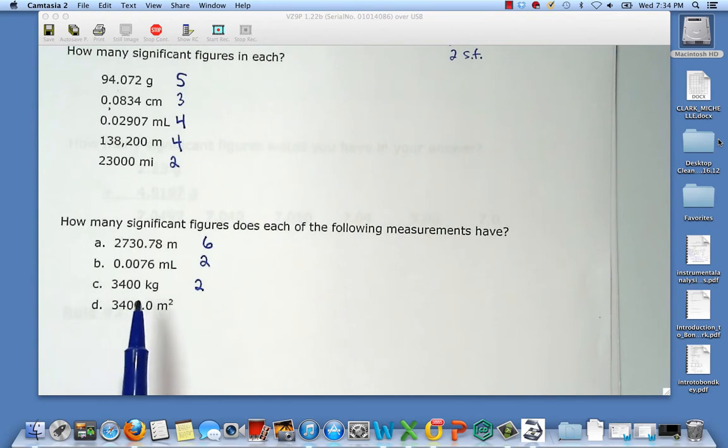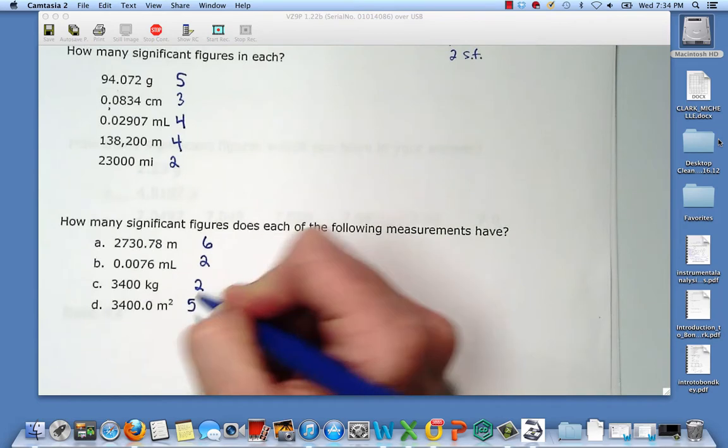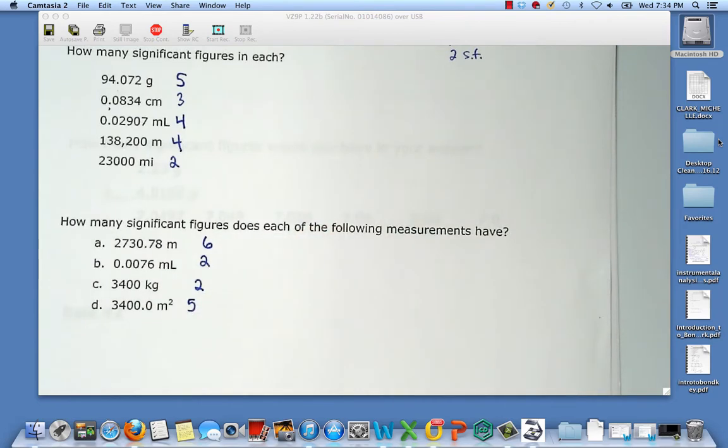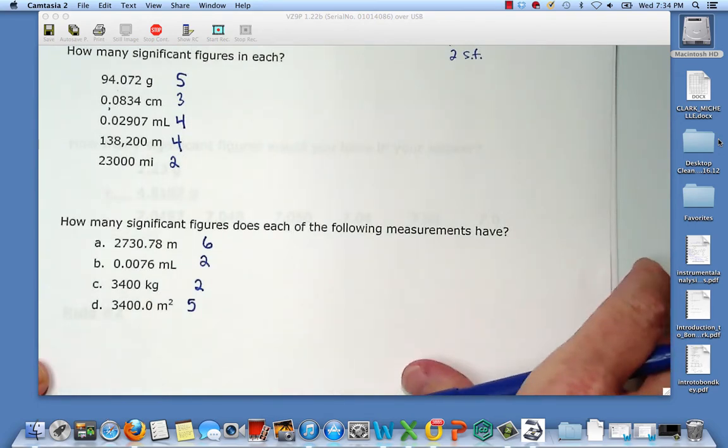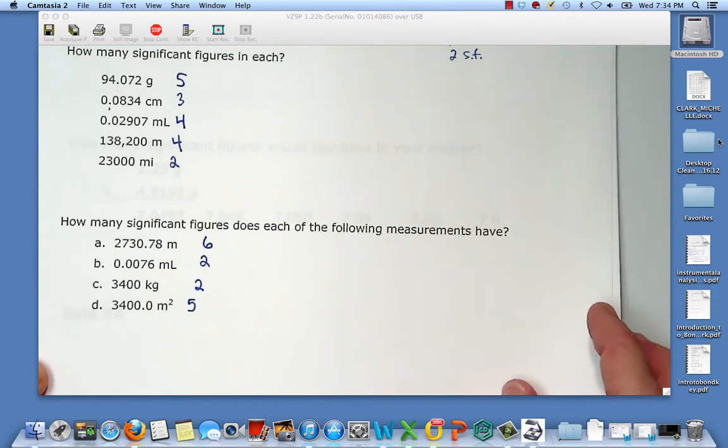So how many sig figs? 5. So that's rule number 3, yes. Very good. Any questions on this page?